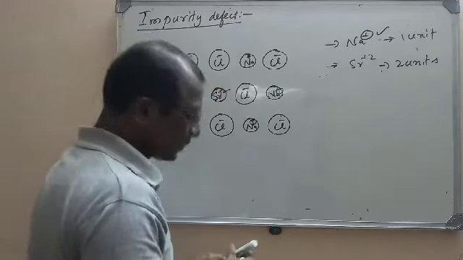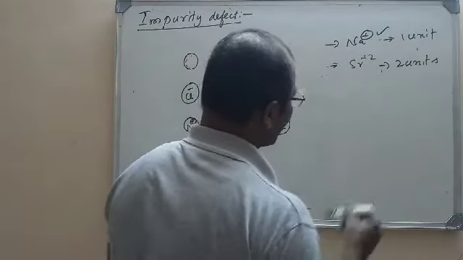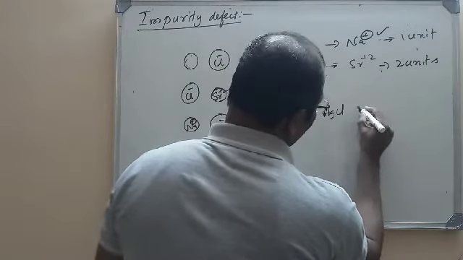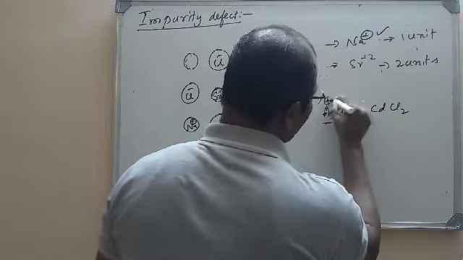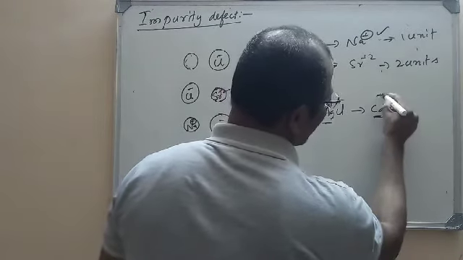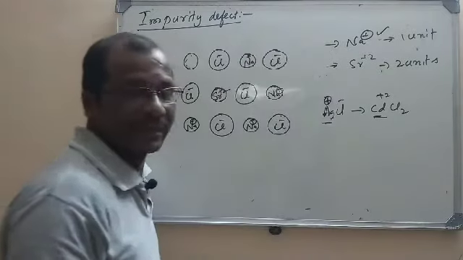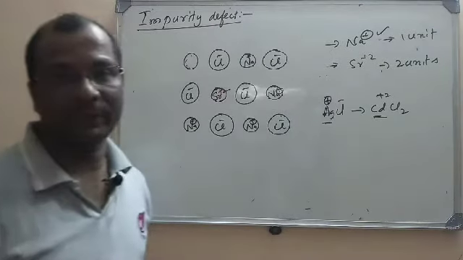You can observe this defect in the case of AgCl too. The impurity will be cadmium chloride here. The Ag+ ions will be replaced by Cd+2 ions, cadmium ions, so it will cause an impurity defect.